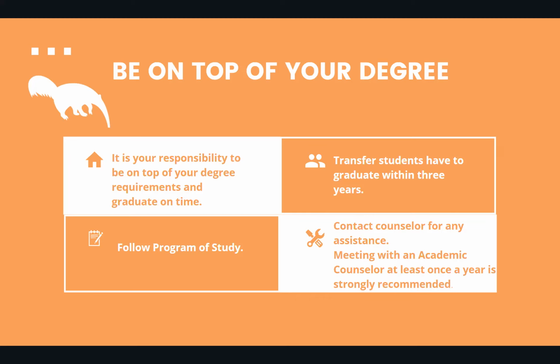You'll know exactly what your time here at UCI will look like. Make sure that you are contacting your academic counselor and meeting with us. We strongly recommend that you meet with us at least once a year, just to make sure you are on track. But of course, you can meet with us once a quarter if you find that more beneficial. Next slide, please.